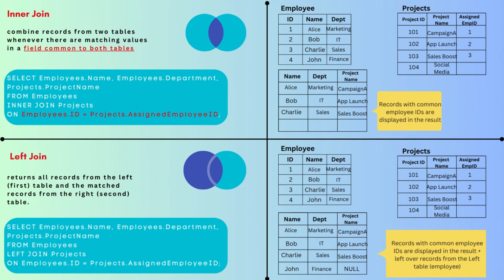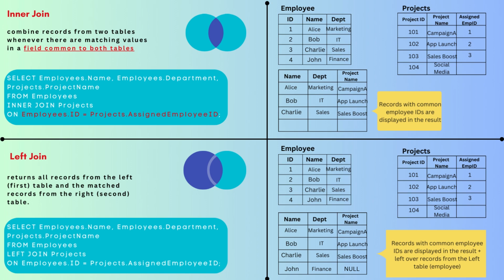So all the records from the left, meaning whatever records are there in the employees table, will be displayed, along with the common records. Note that in this particular case, the syntax will be exactly the same, only instead of inner join, it will say left join.